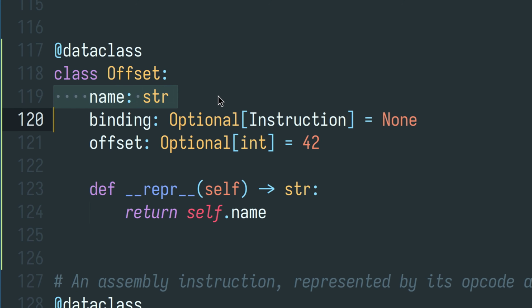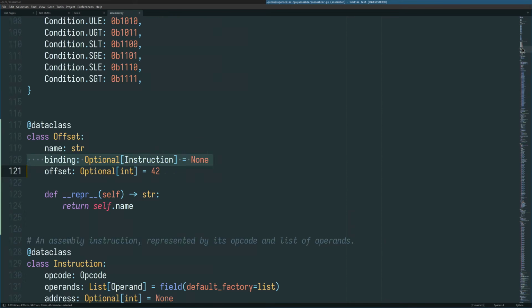It will be the name of the label that we want to refer to. And then we need to do something after we've parsed the full program to actually go in and resolve that name and make it point to the instruction, the label directive that actually defines that label. And that's what we'll fill in into this binding. Right now this won't work because we're not setting this binding field anywhere.